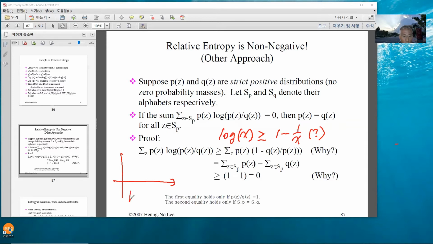So this is log of x, and this is 1 over x, and then you invert it, then this is the inverted 1 over x, and then if you move it up by 1, this is the 1 minus 1 over x.